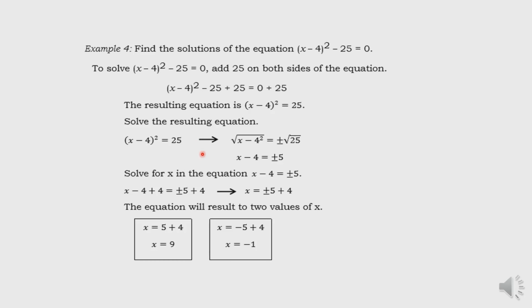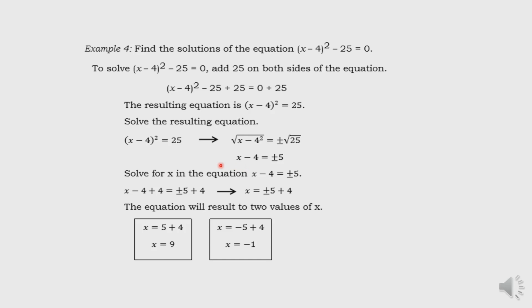So our k is 25, which is greater than 0. What property are we going to use, since our k is greater than 0?